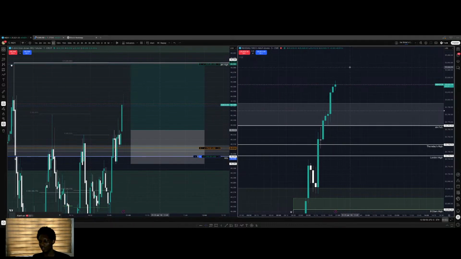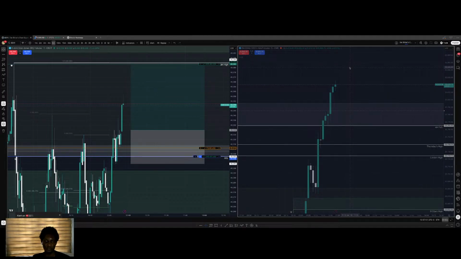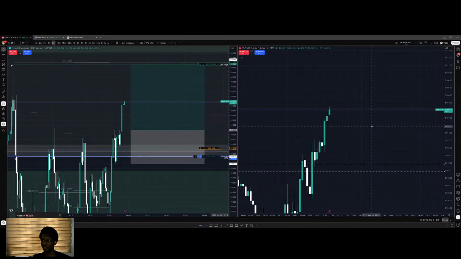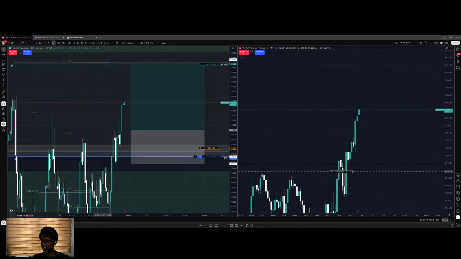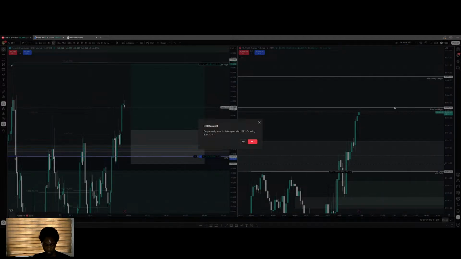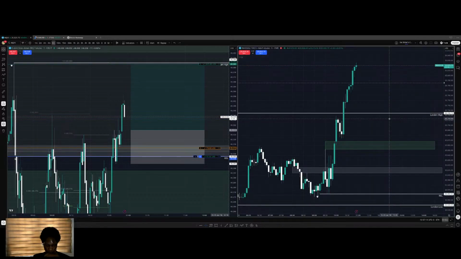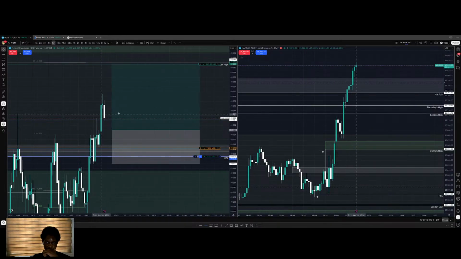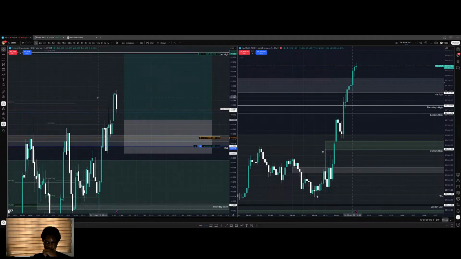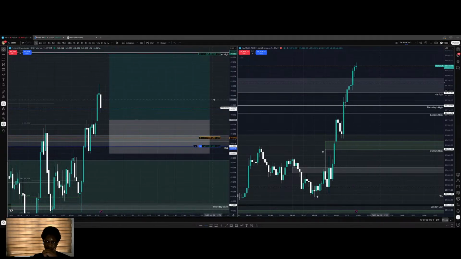We've tagged London high on ES. So let's see if we're going for previous ES. We've tagged London high. So let's see if we go for previous day high. So yeah, we're retracing. Let's see how deep we retrace.